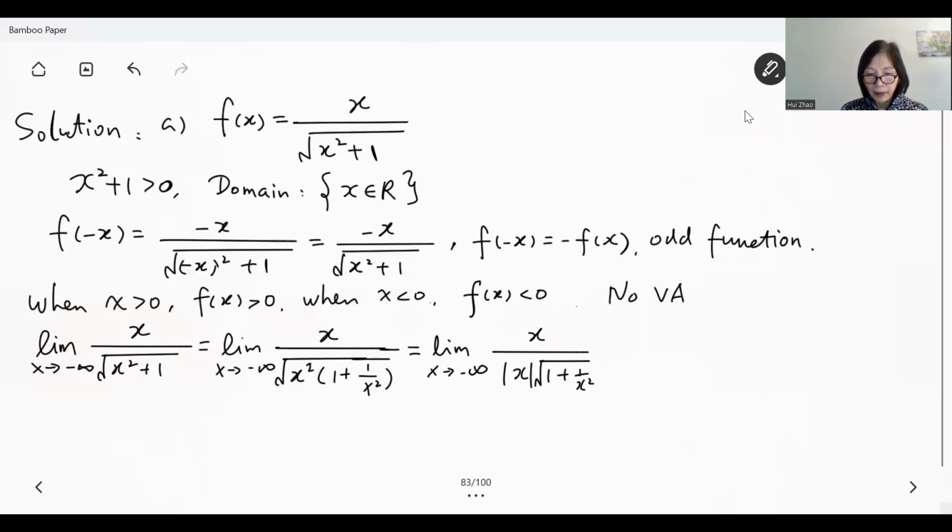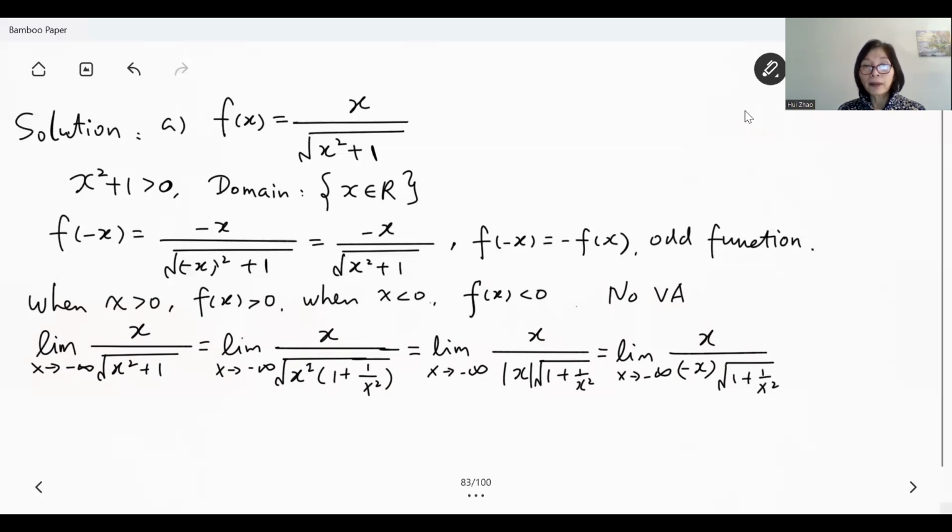Then remove the absolute value symbol. Since x is negative, it changes into negative x times the square root of 1 plus 1 over x squared.